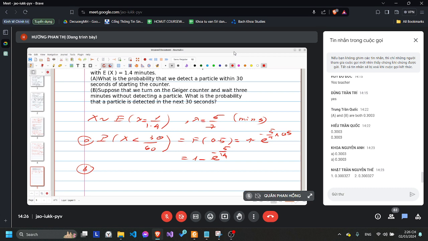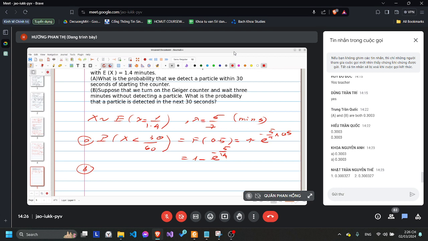So how is question A different from question B? Question A said that we just turn on the counter and start to detect the particle immediately after starting the counter. But now we wait 3 minutes without any detections.